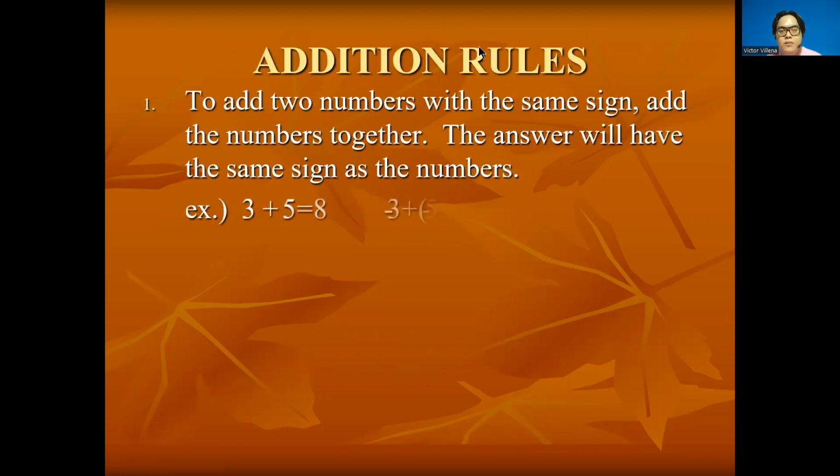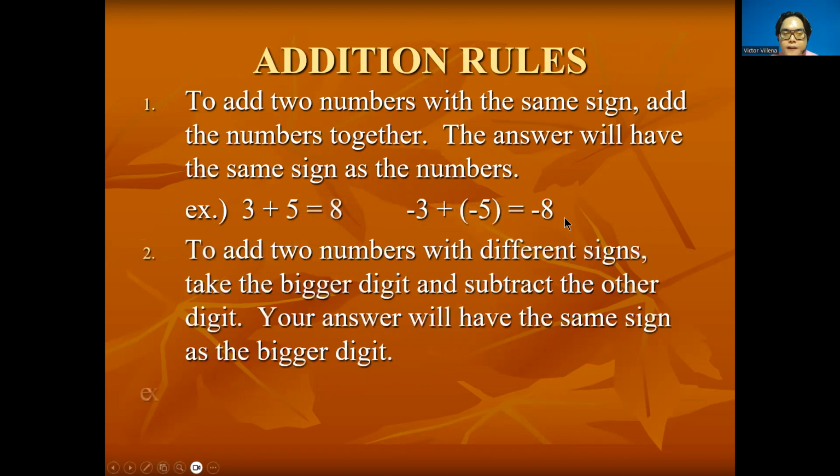Addition rules. To add two numbers with the same sign, add the numbers together. The answer will have the same sign as the numbers. For example, when we add two positive numbers, we just add the numbers. Here, 3 plus 5 equals 8. We also copy the sign of the two numbers.